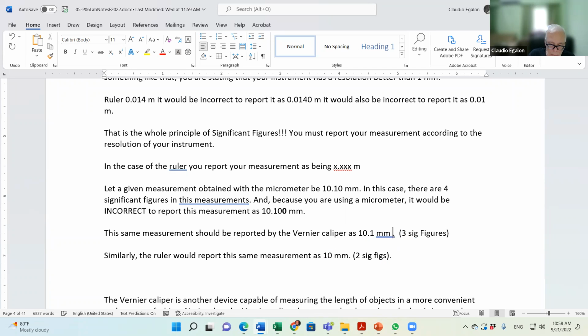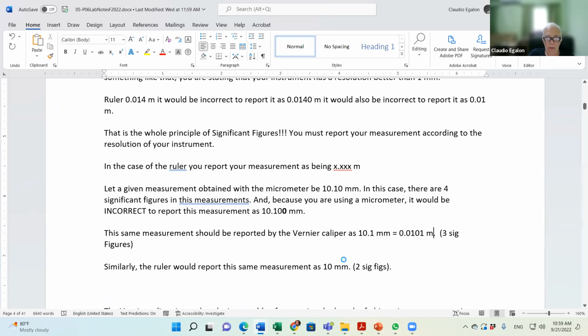Which, by the way, I will write down: 0.0101 meters, which would be equal to 0.010 meters.